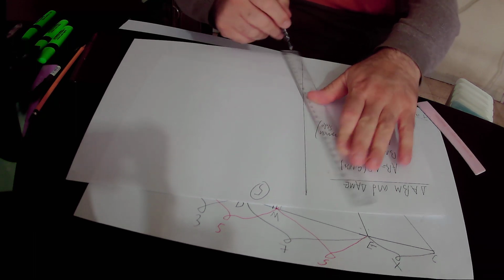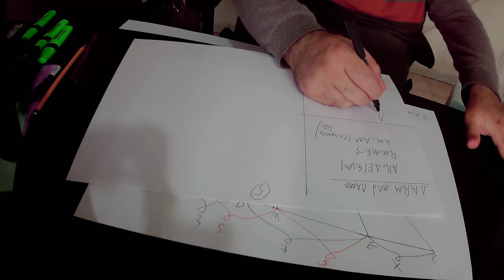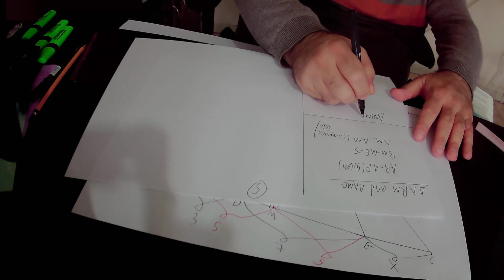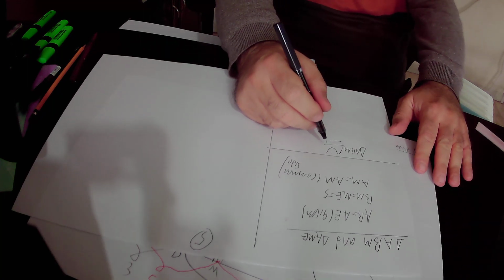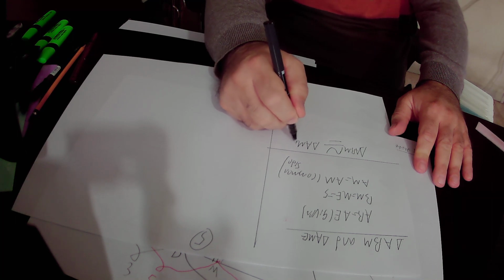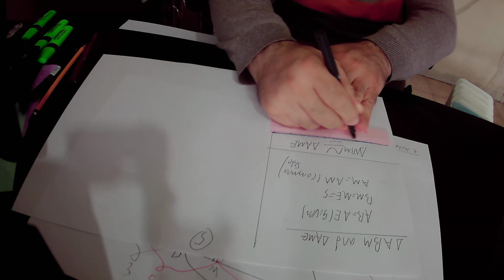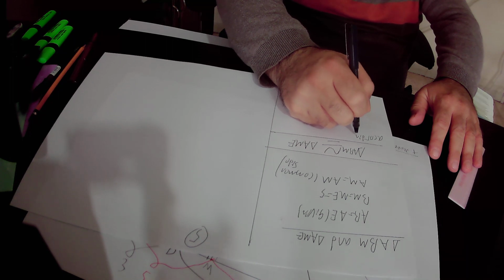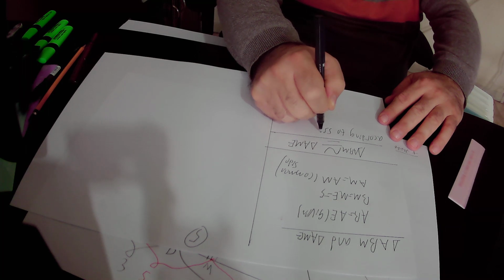Actually, we proved that the right triangle ABM is congruent to the right triangle AME. This is the sign of congruence, according to the side rule.